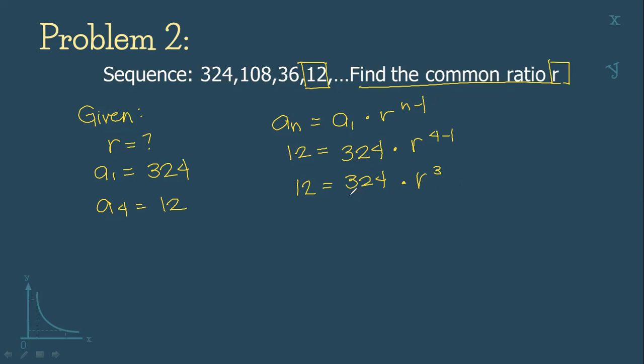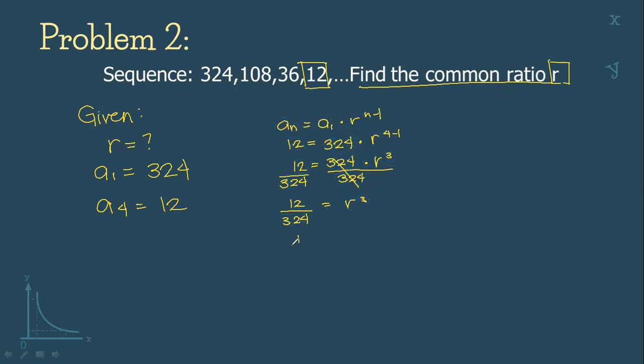And we can do that by dividing both sides by 324. So we have here r cubed is equal to 12 over 324. So 12 over 324, that is equal to 1 over 27.